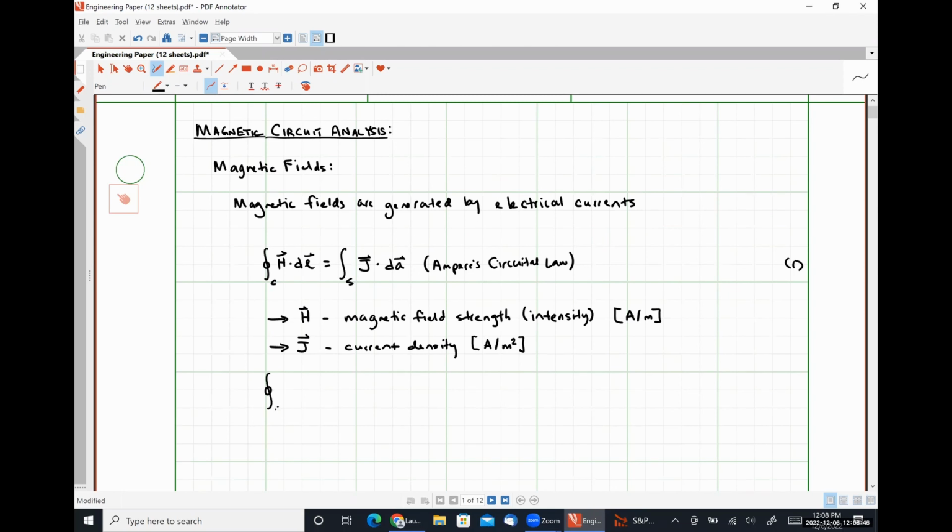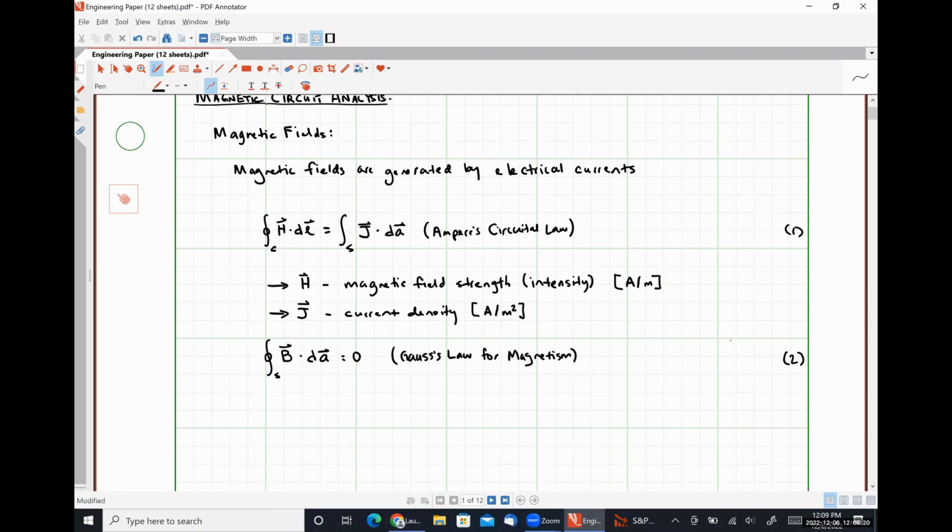Our second equation is this: we have a closed surface integral of B, our magnetic flux density vector, dotted into some differential area element dA, and this is equal to 0. This equation is known as Gauss's law for magnetism, and this is going to be equation 2.